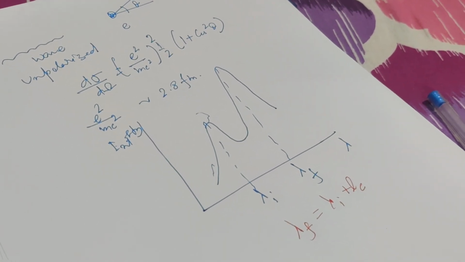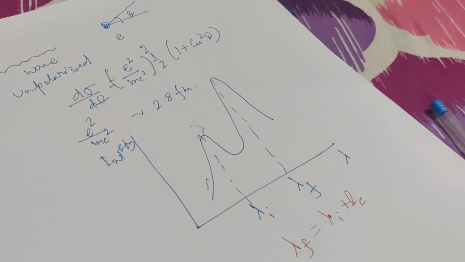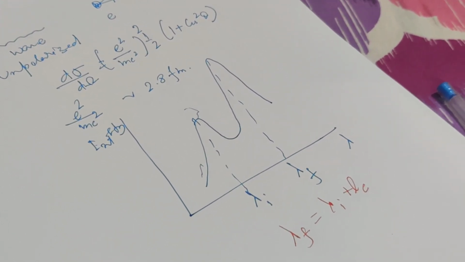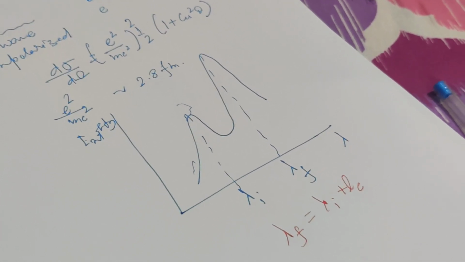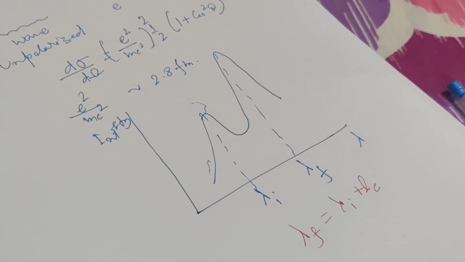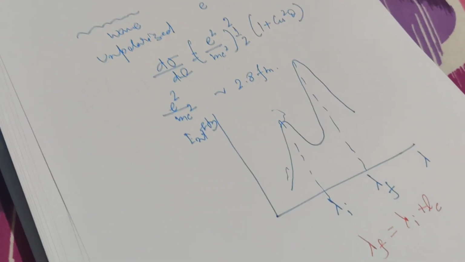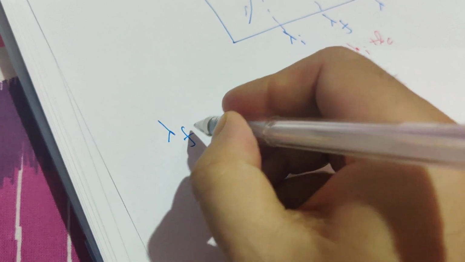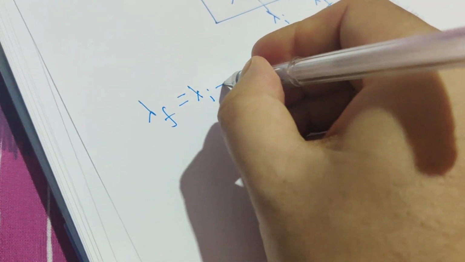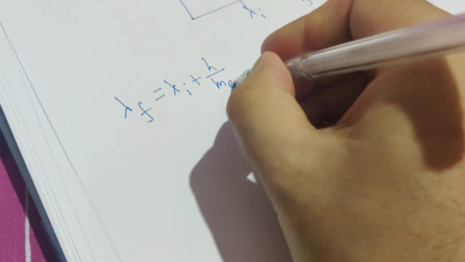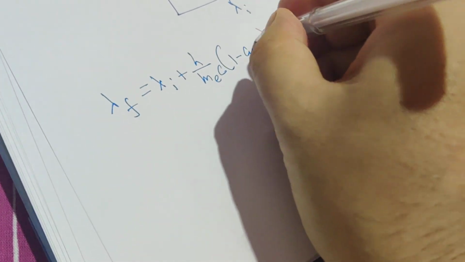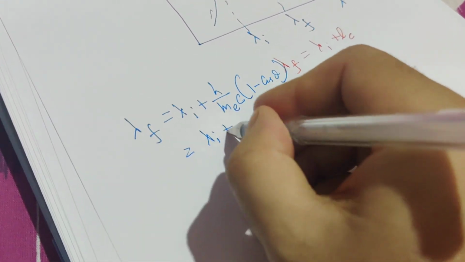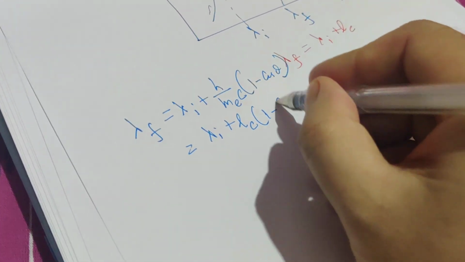The X-rays changed frequency after scattering, and a calculation using energy and momentum conservation shows that the change of wavelength is correlated with the angle between the scattered photon and the original photon. This behavior is lambda f equals lambda I plus h over m_e c times (1 minus cos theta), and this is also lambda I plus lambda C times (1 minus cos theta).